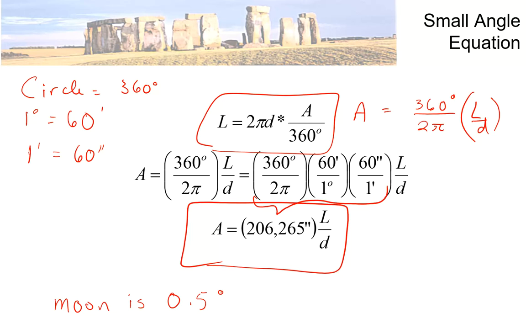And I don't know offhand what the distance to the moon is, or the size of the moon. I have to have two numbers to solve for the third, so I need to know one of those. So, you got a calculator open, Alex. Just look up for me, what is the distance to the moon?